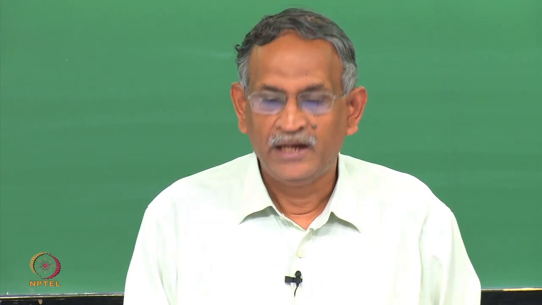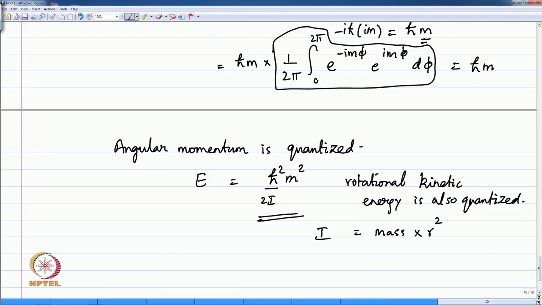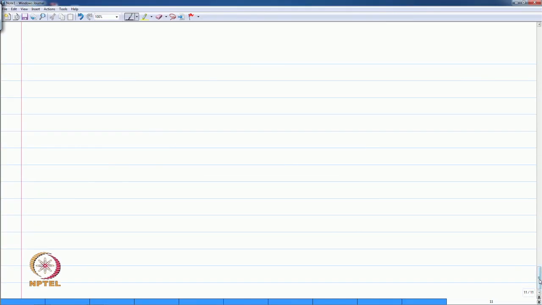We have only worried about the rotational kinetic energy as the total energy, neglecting the potential energy, and then you find out that the angular momentum is given by h bar m, and that is a quantized quantity. What about if we use the wave function e to the minus I m phi?